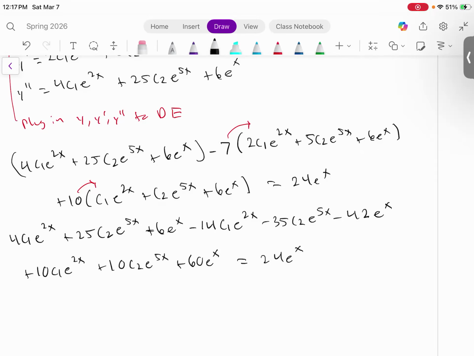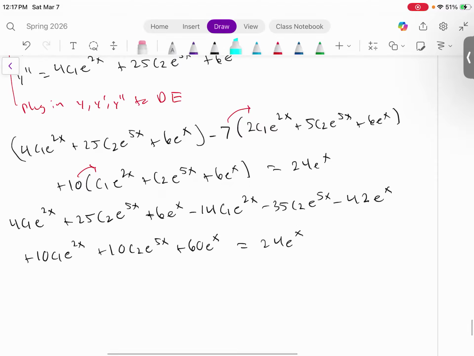So let's take a look. The 4c1 e to the 2x cancels out right about here. We have a positive 4, positive 10, and a negative 14. So those c1 e to the 2x terms cancel out.